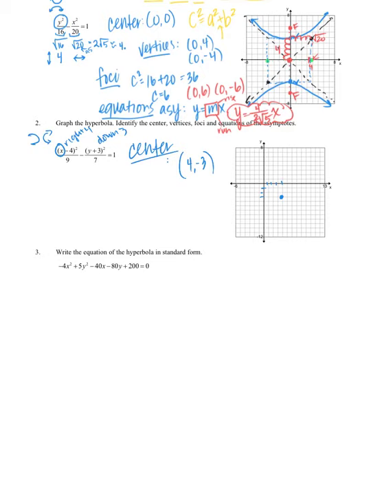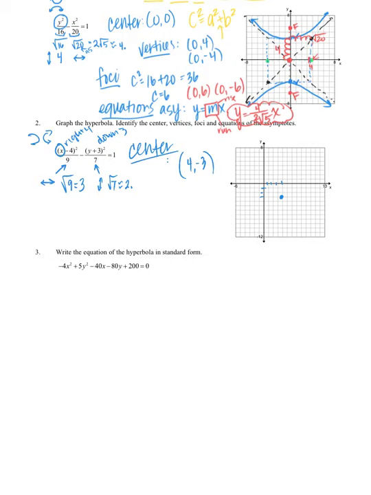And then I need to be able to tell how much up and down, left and right. Left and right, because that's underneath x, will be square root of 9, which is 3. And then we're going to go up and down square root of 7, which we're going to approximate. It's a little less than square root of 9, so like 2 point something.